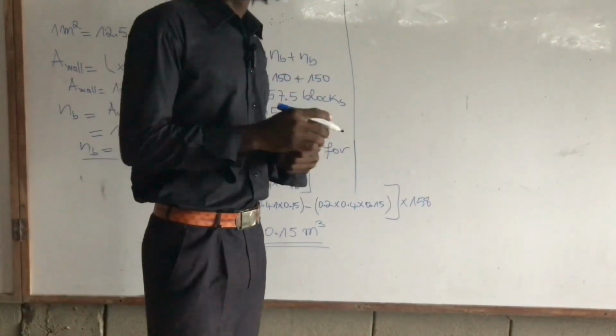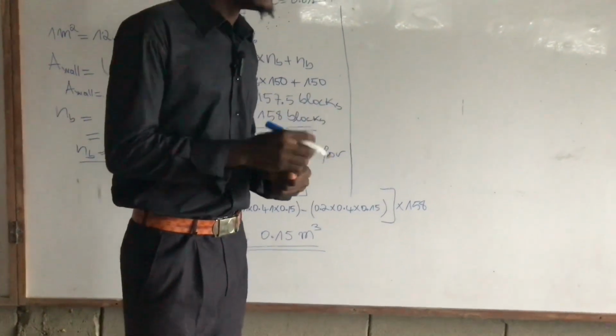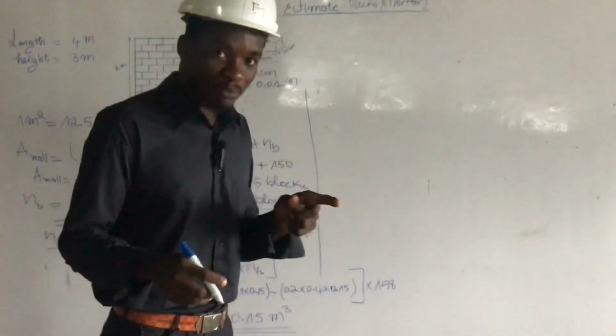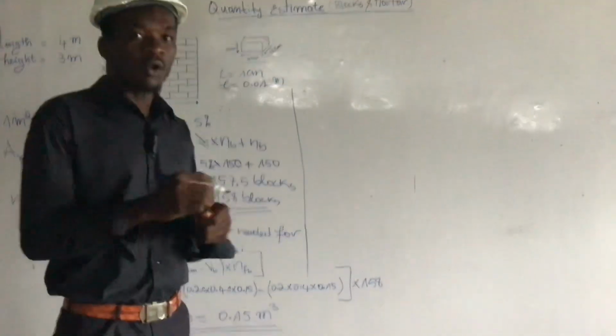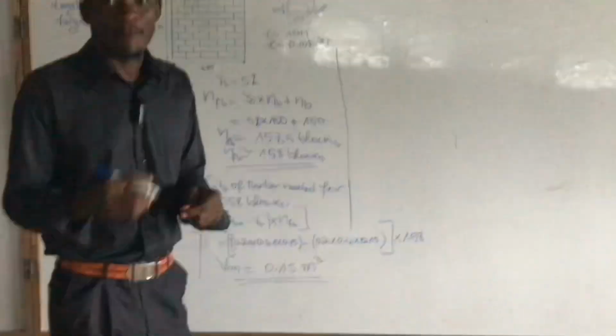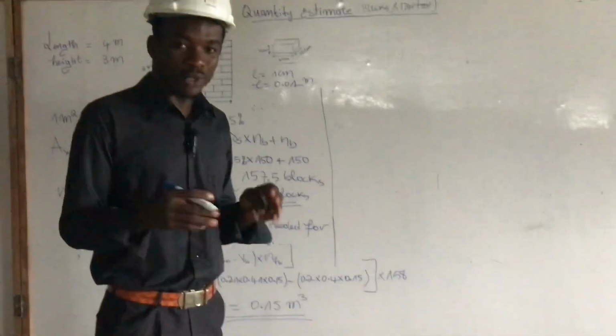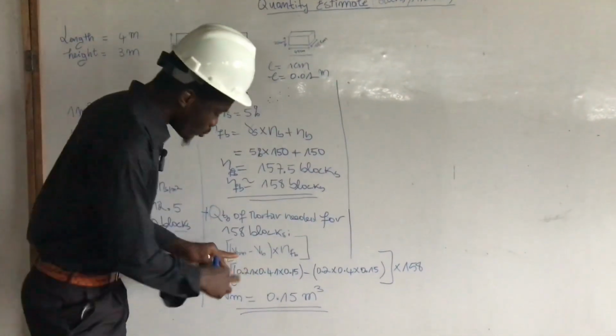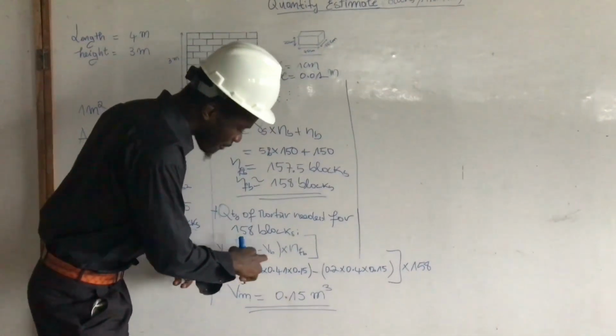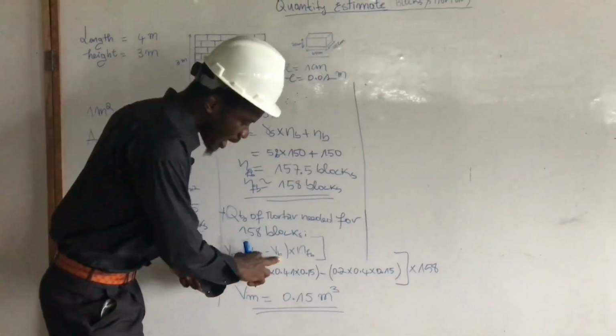To have the volume of mortar for 1 block, you do the volume of block with mortar minus the volume of block without mortar, VB.